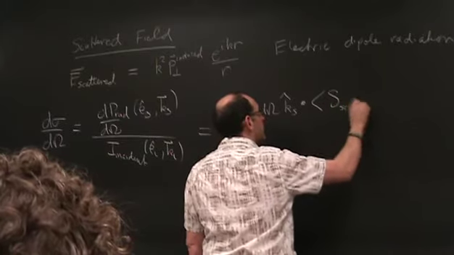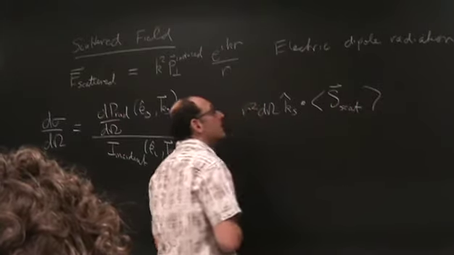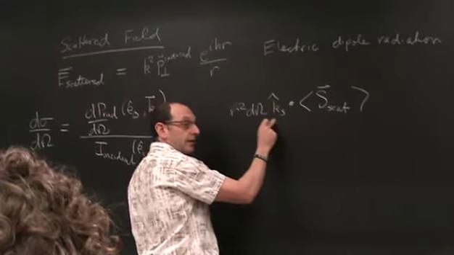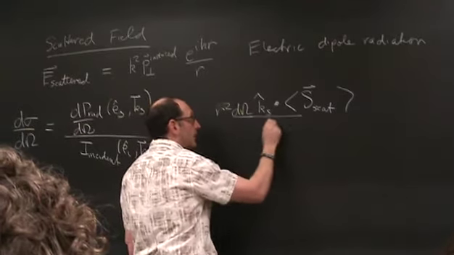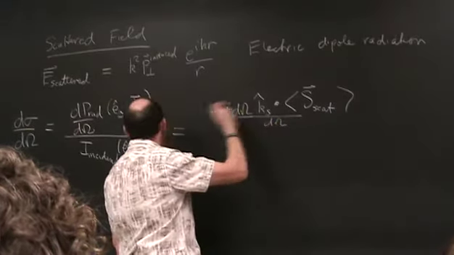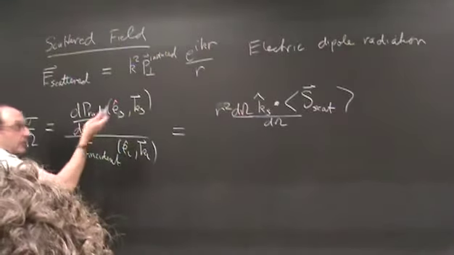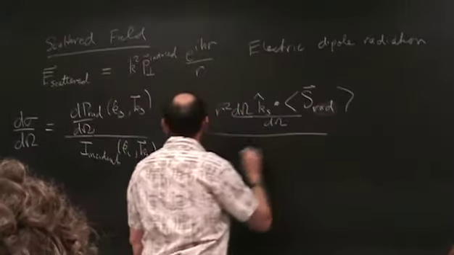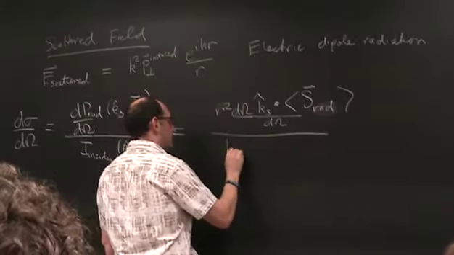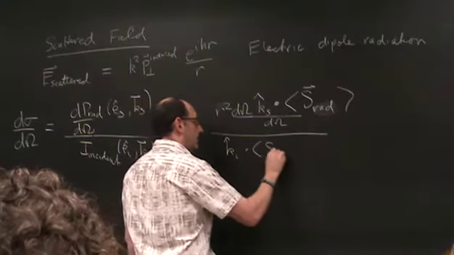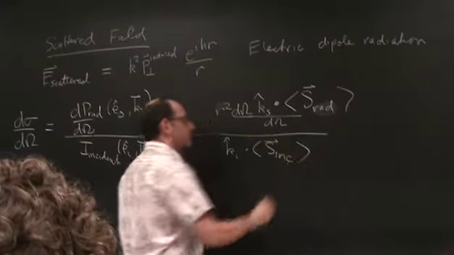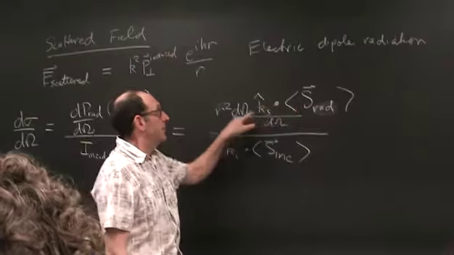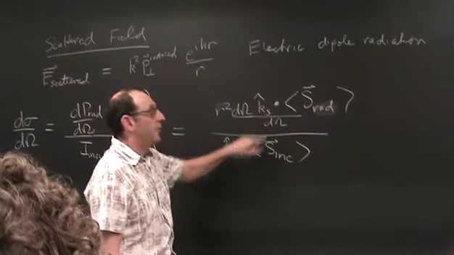This is the scattered intensity, the Poynting vector associated with the scattered wave. This is through that solid angle into the direction k hat per unit d omega. So that's dP radiated, or I say scattered, same stuff, over the incident intensity, which is k incident dotted into the incident Poynting vector. So this is my incident intensity, and this is the amount of intensity through that little area per unit solid angle.